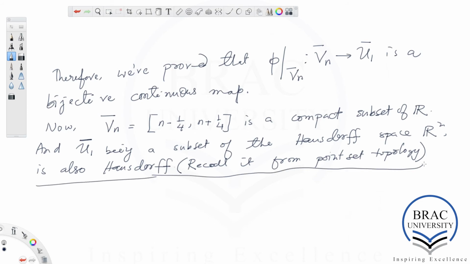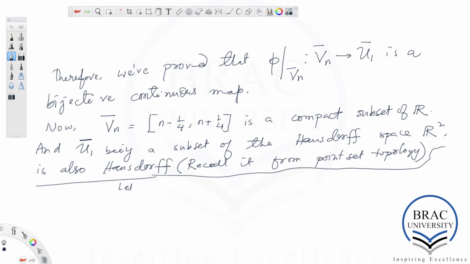Okay, so we want to show that if one has a subset of a Hausdorff topological space, then the subset equipped with the subspace topology is also Hausdorff. Okay, so how to see this?